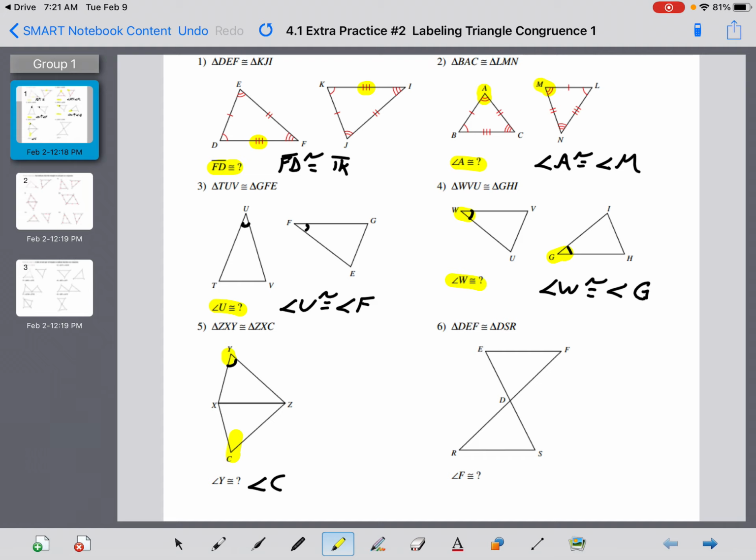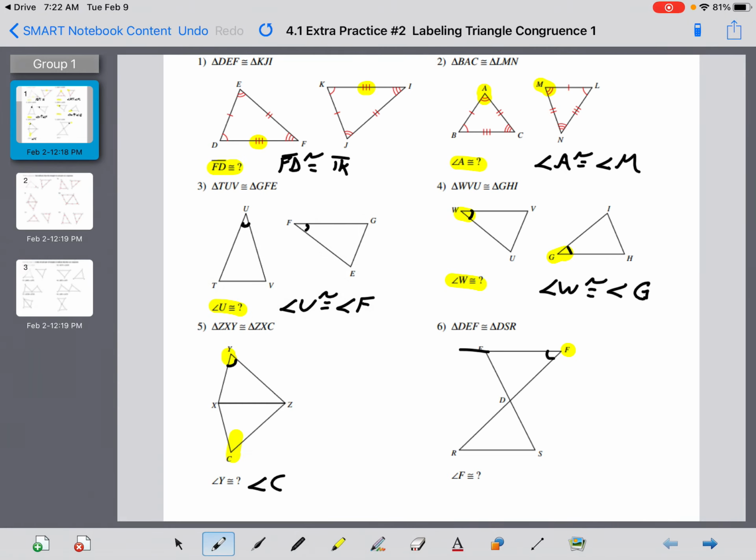And in problem 6, we have triangle DEF. So it went from the inside straight out to here. DEF. Okay. And they're comparing angle F to what? And now that would be alternate, right?